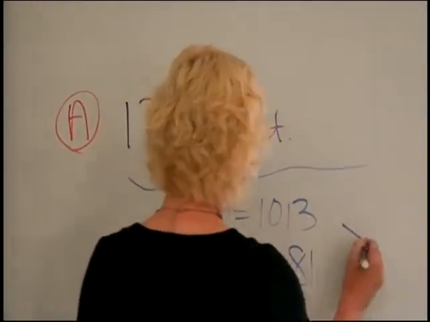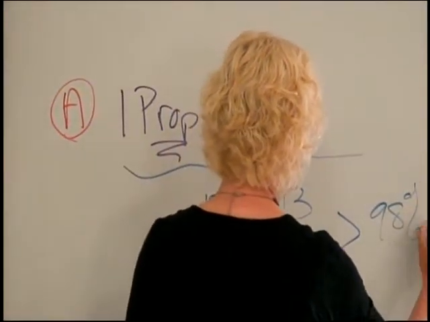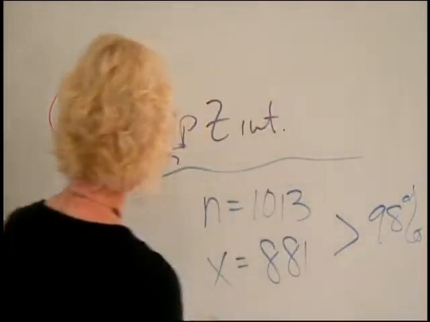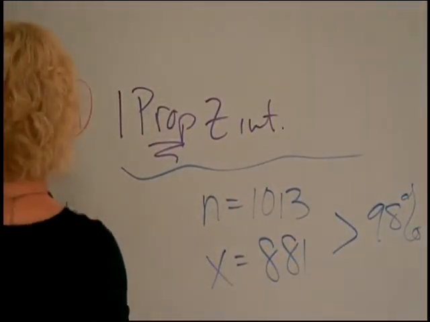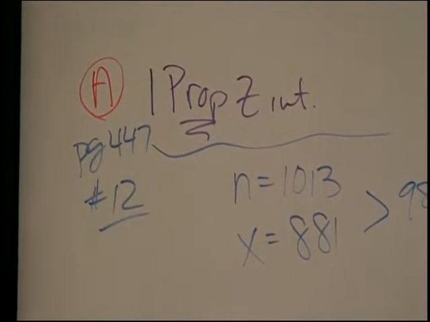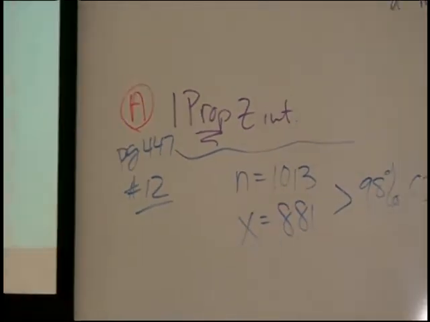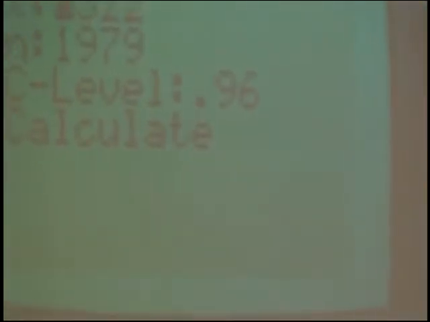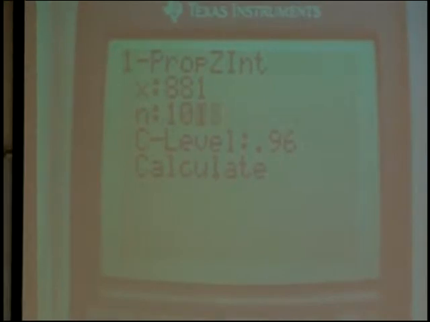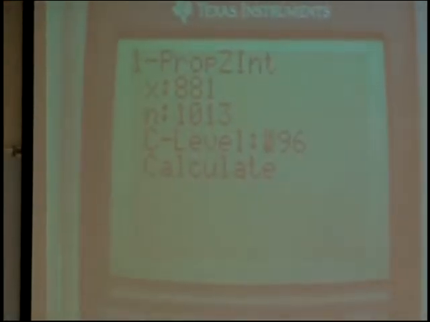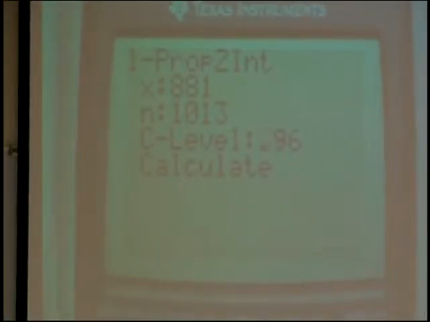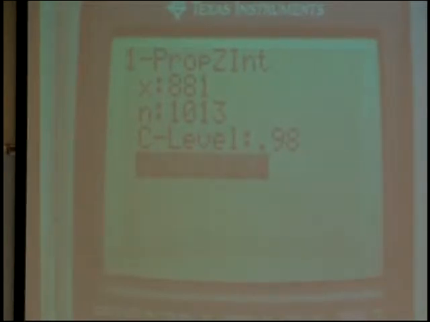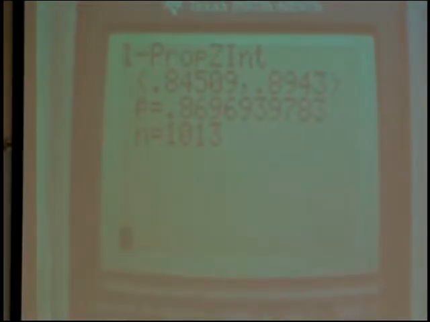And that's all you need. And we want a 98% confidence interval. Okay? And again, this is number 12. So go down to one prop Z interval, and you see all you need is your number of successes and your number of trials, and then your confidence level, 98%, and calculate, and you're good to go.